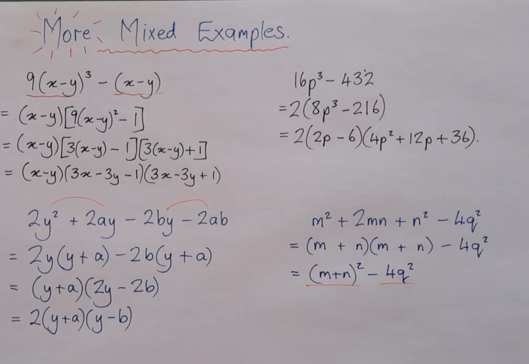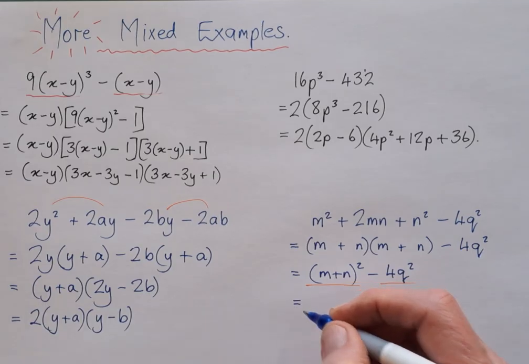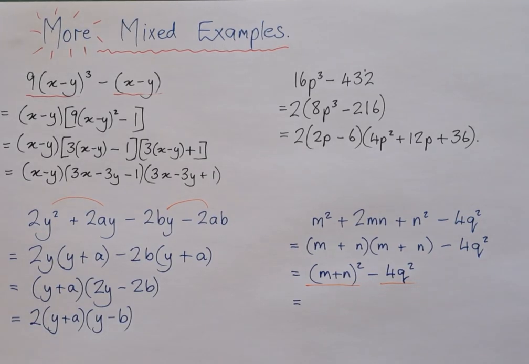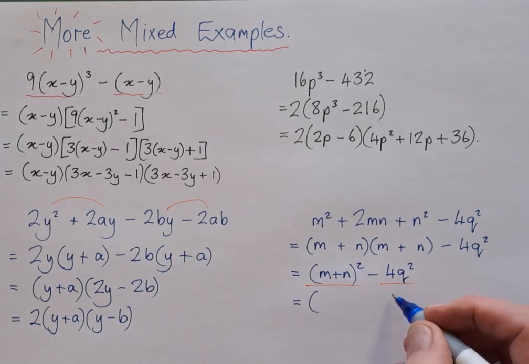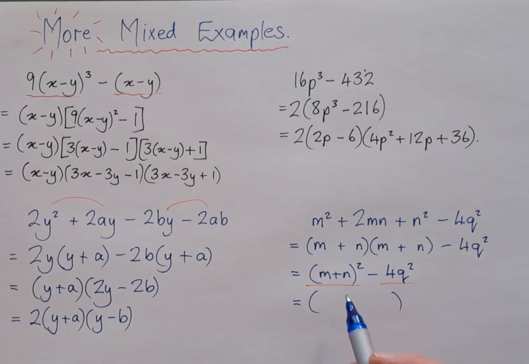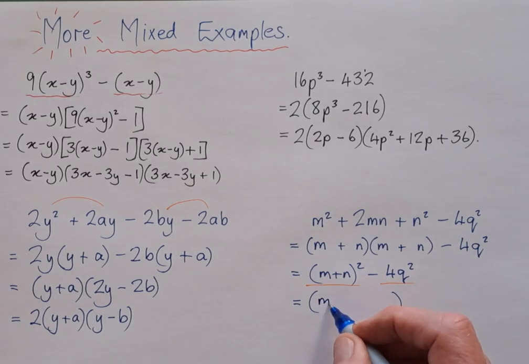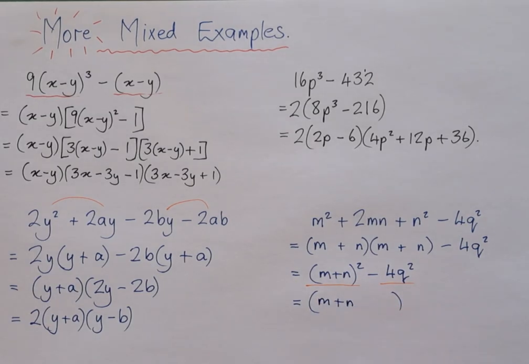So all I need to do now is apply the rules. Even though there's a bracket being squared, it doesn't matter. So remember, the bracket squared means the bracket times the bracket. So when I square root the bracket squared, I'm just going to get the bracket once. And I don't have to bracket it again because it's not being squared. It's just m plus n now.